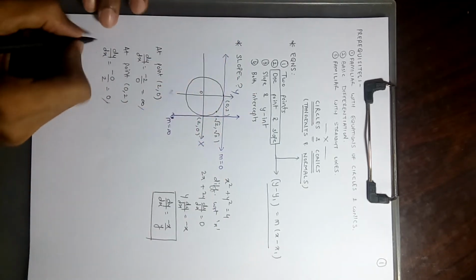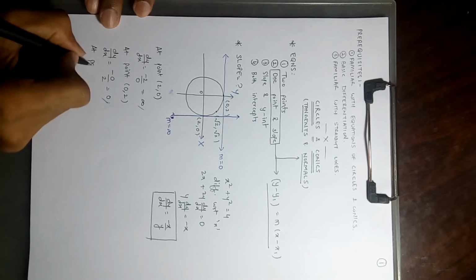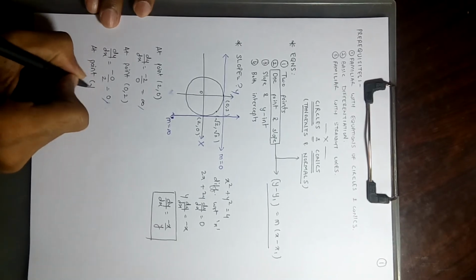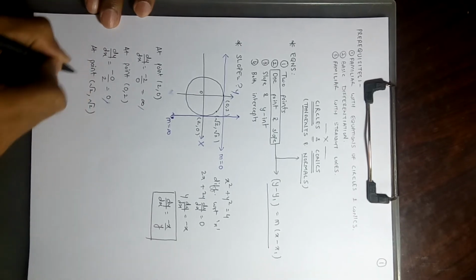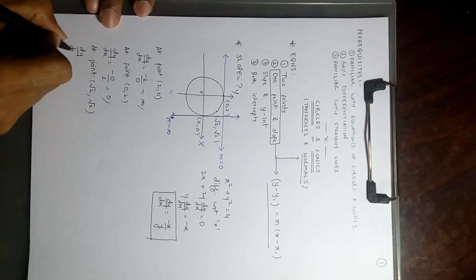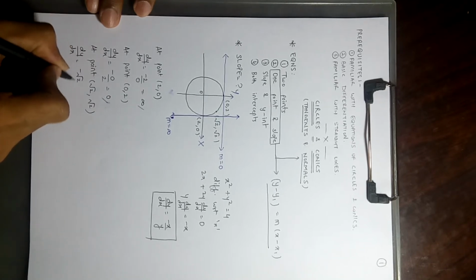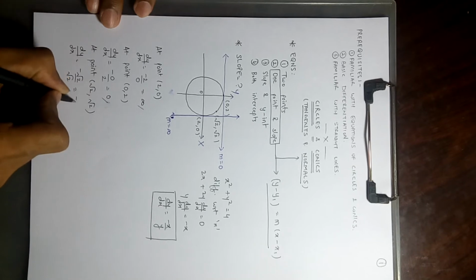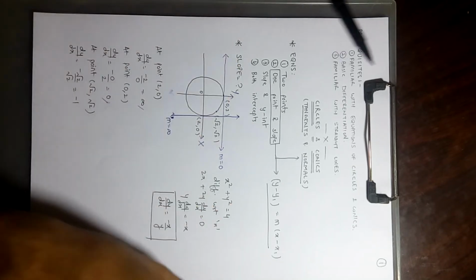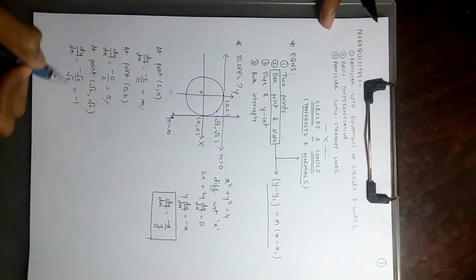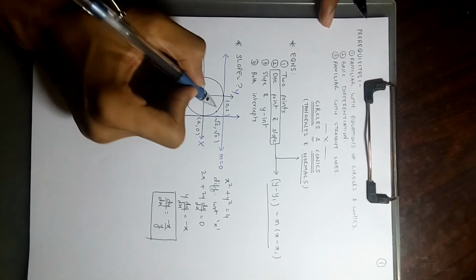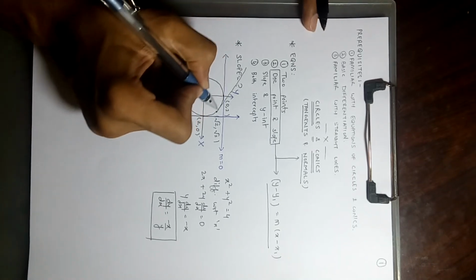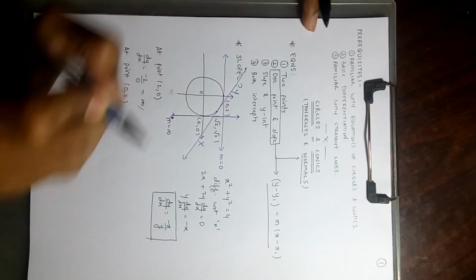In order to fix it, let me take this one more point in point root 2, root 2. Dy by dx becomes minus of root 2 upon root 2, which is minus 1. Now this point is over here. If I draw a tangent over here, it looks like this.